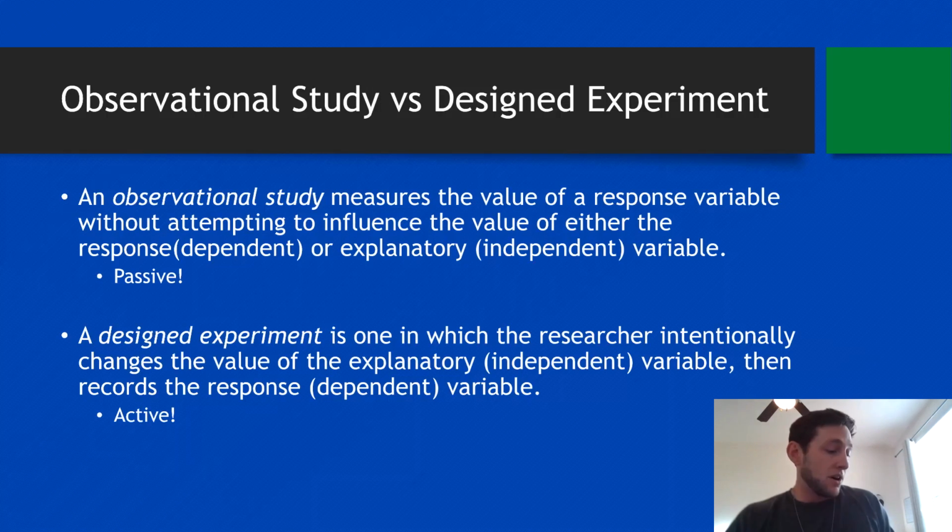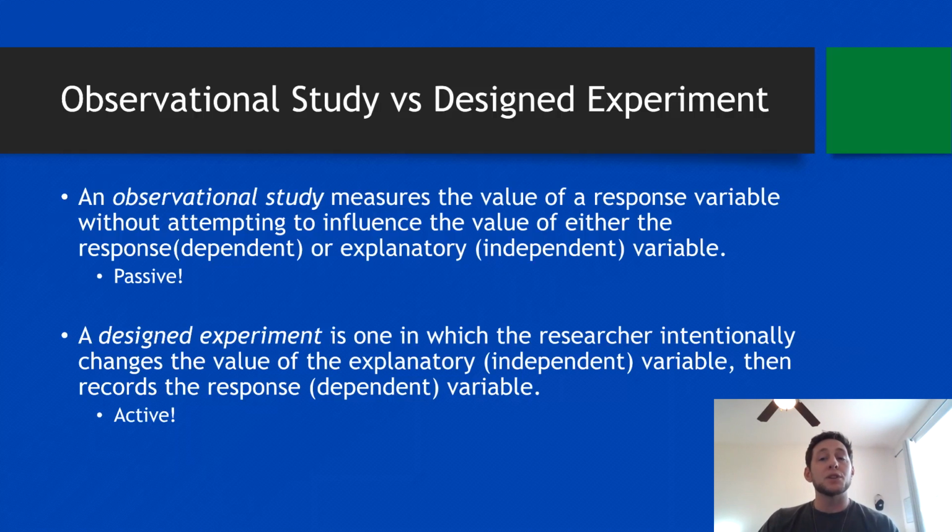Now, in order to start setting up these experiments where we're going to gather information about the population, it's important that we talk about the differences in types of studies we can do. For instance, an observational study will measure the value of a response variable without attempting to influence the value of either the response variable or the explanatory variable.